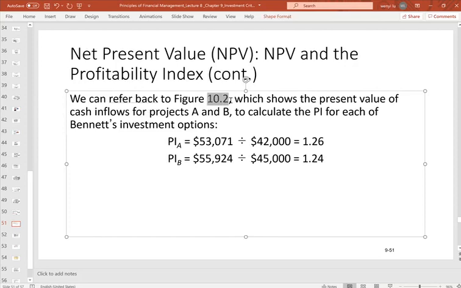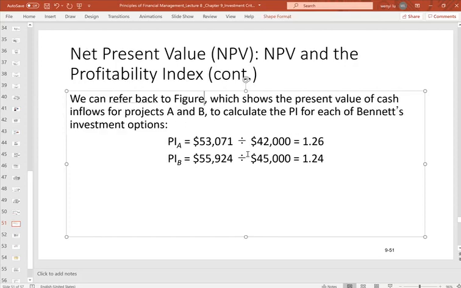So based on the profitability index, A is better than B, because you have more inflows compared with outflows. But both are okay because both are more than 1. But A has a higher profitability index than B.